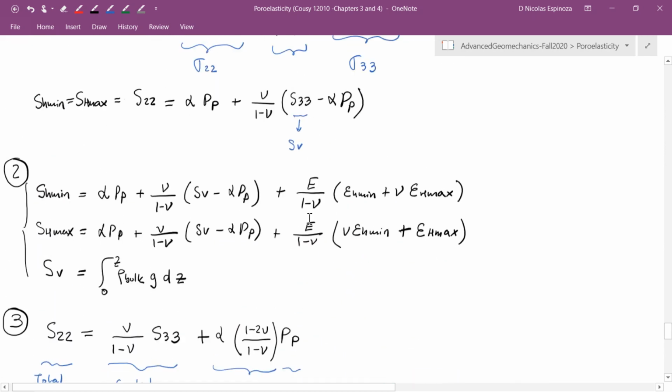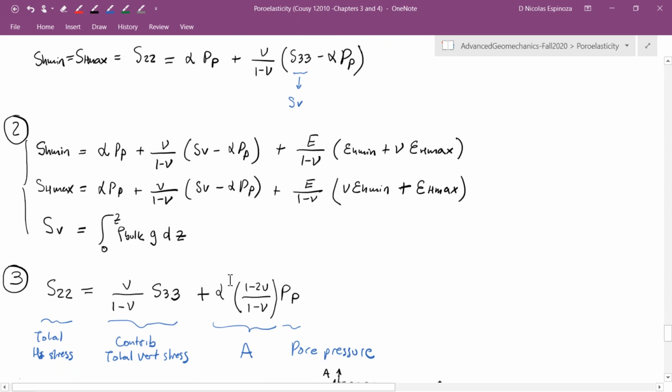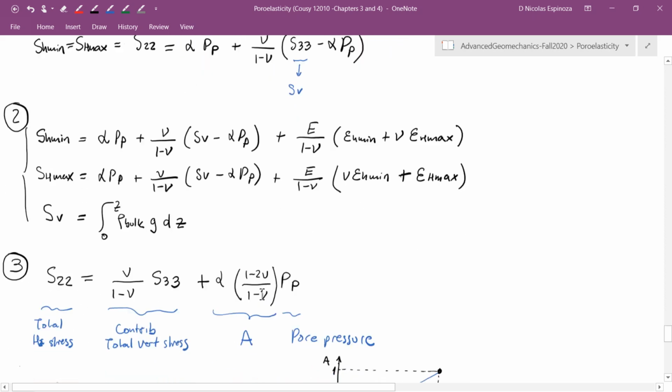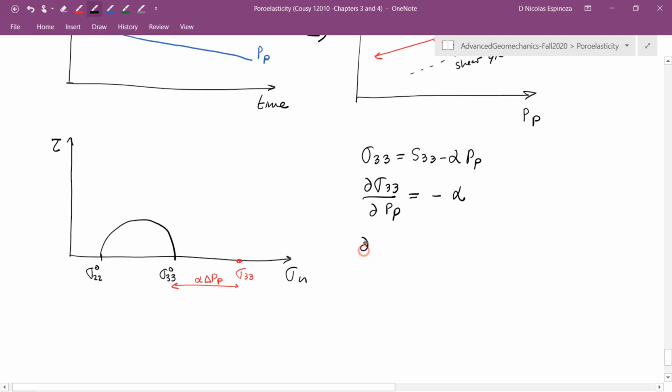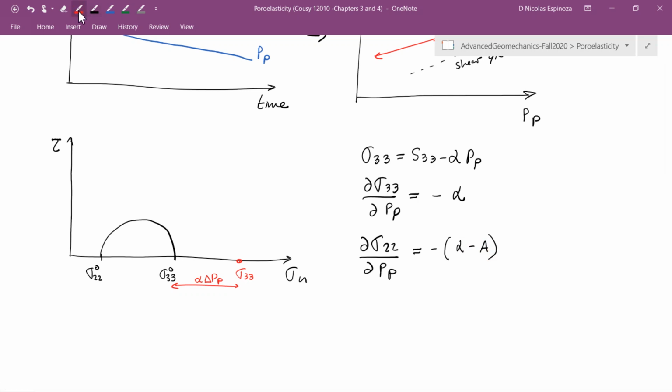And just for the sake of convenience, I can also use the definition of the parameter A, and after doing some math, the result from those two equations is that the change of the effective horizontal stress with change of pore pressure is going to be negative alpha minus A, and this change is also going to be an increase.